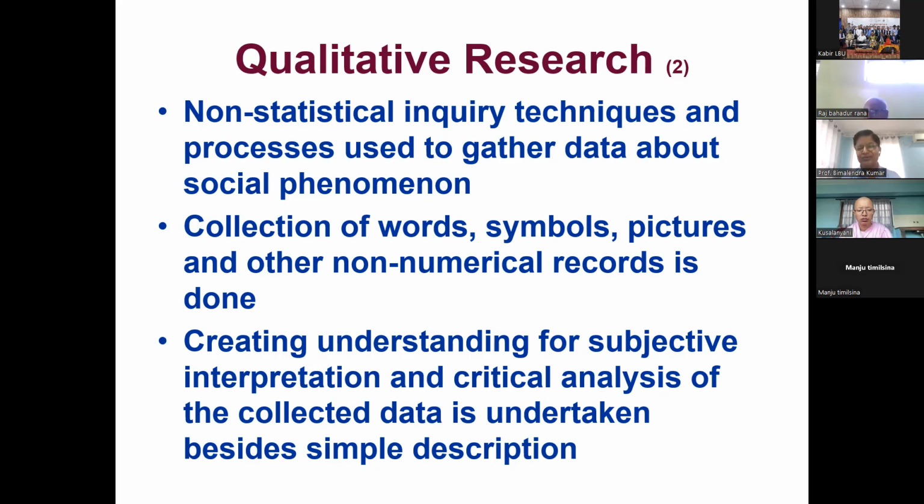Here in the qualitative, we are not giving only description, but there is interpretation or analysis of the materials we are gathering, based upon other interpretations which were not done by the previous scholar. So this is our qualitative research.